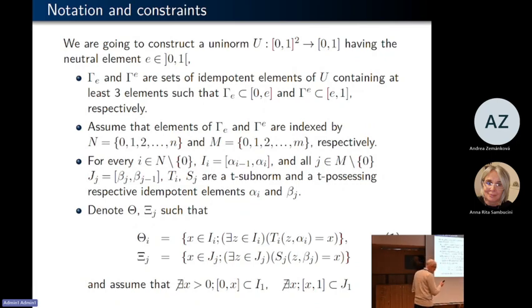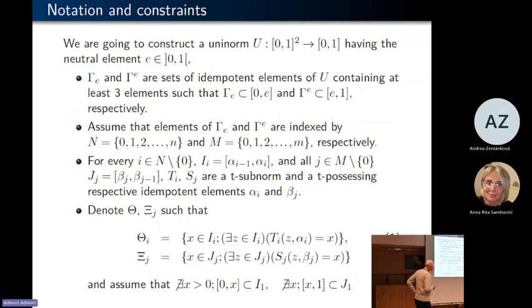This means 0 and the neutral element e are of course inside, but there is at least 1 idempotent element in this interval, and also in the interval e1 there is at least 1 idempotent element.